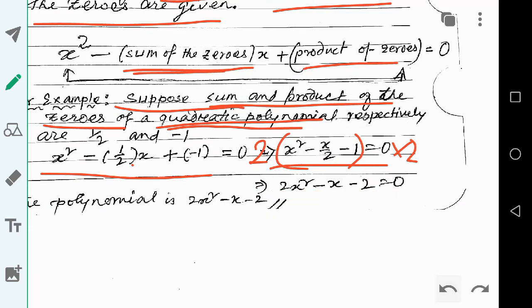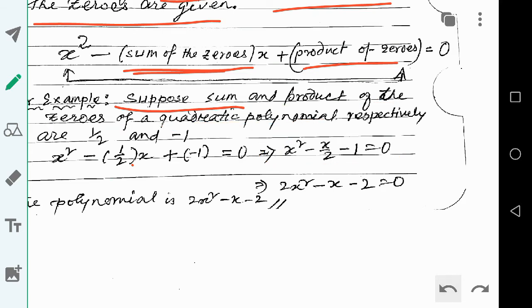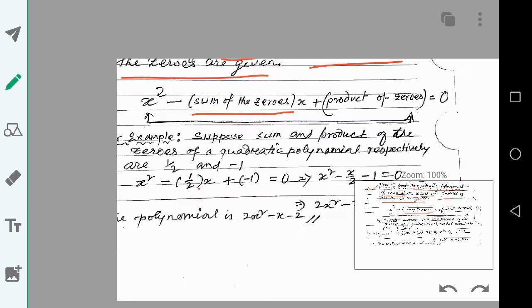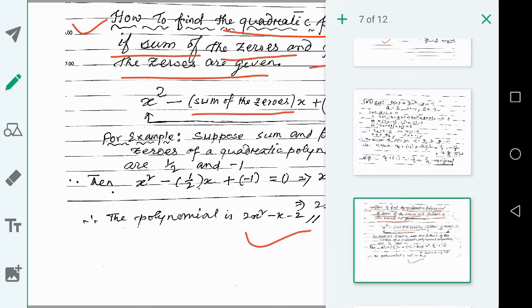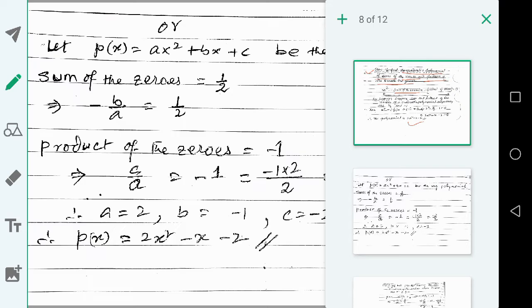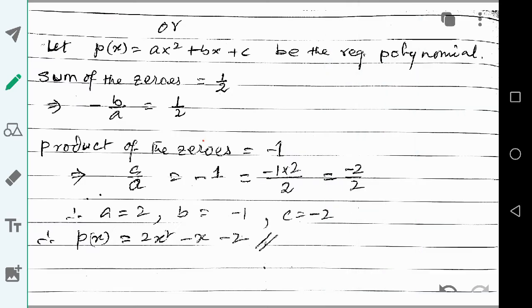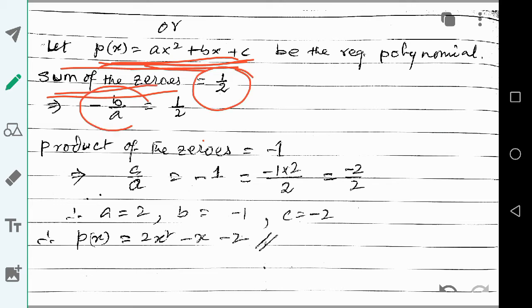There is another method, let me show you. If the sum and product of the zeros of a polynomial are given, how do we find the polynomial? This is one method, and another method is this. Here we need to assume the polynomial first. So p(x) is equal to ax square plus bx plus c. Here the sum of the zeros is given, that is half, and we know that the sum of the zeros is given by minus b by a.